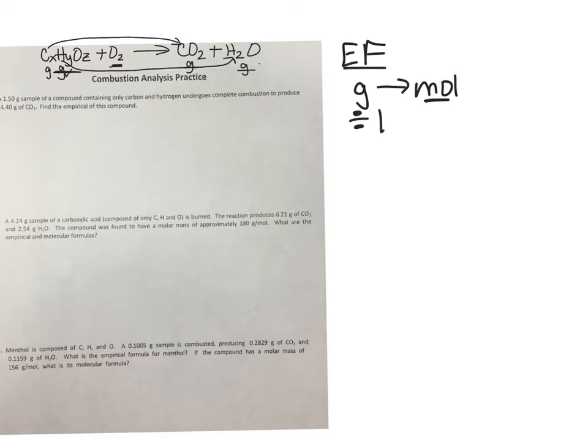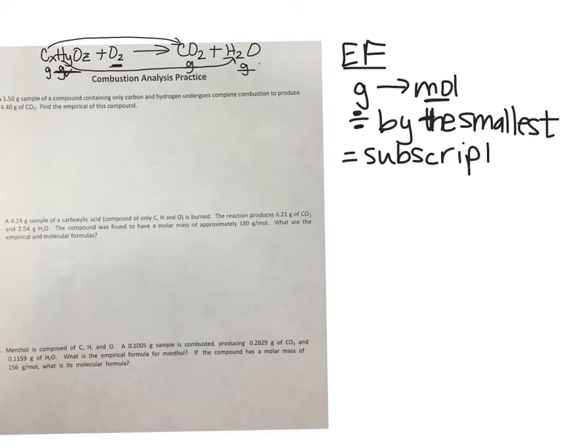Once you have all of your moles, you're going to do what? Divide by the smallest. There you go. We divide by molar mass to get the moles. Then you divide all of them by the smallest, so now you have a ratio. And remember, those answers are your subscripts.